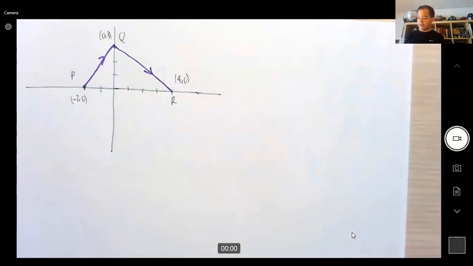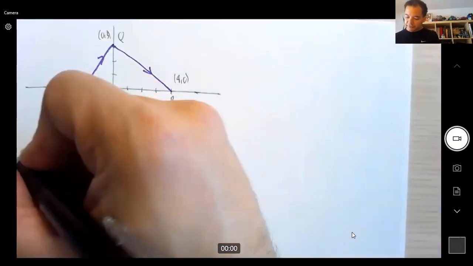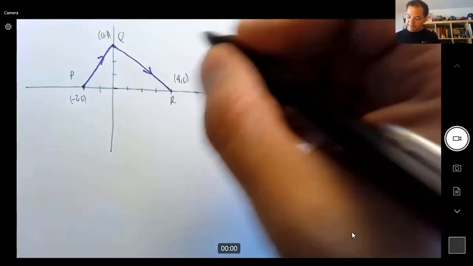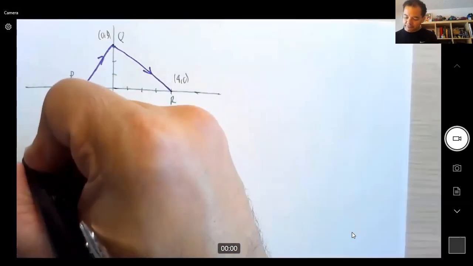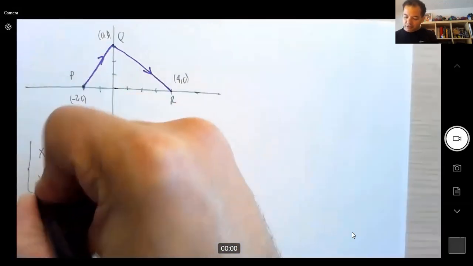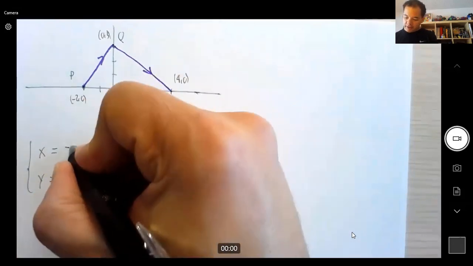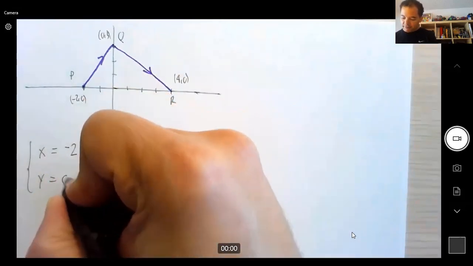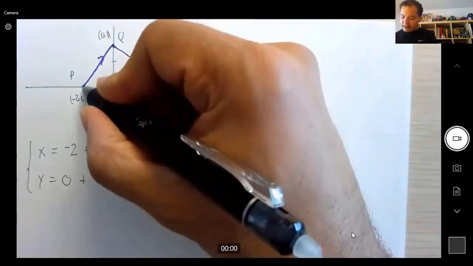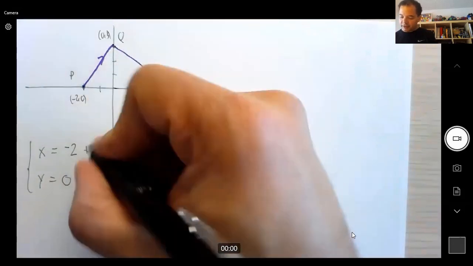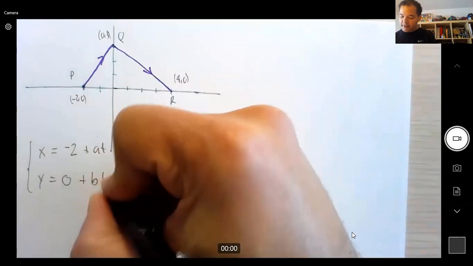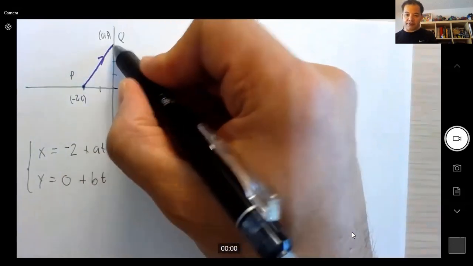So in general, let's start with the first part. For the first part, we want x to start right here at -2 and y at 0, and then finish right here. So x is -2 plus A times T, and y is 0 plus B times T, and we want to be here at 1 second.